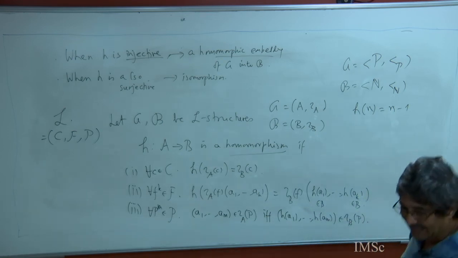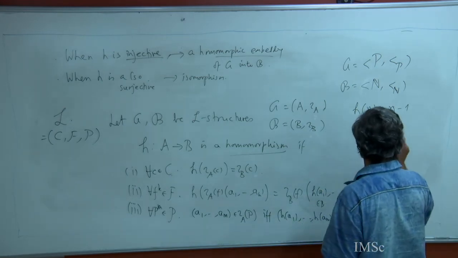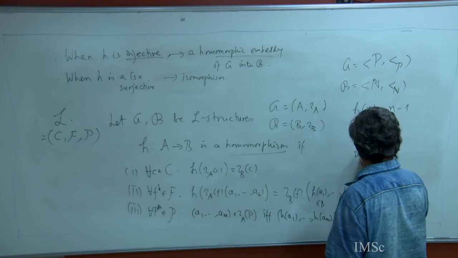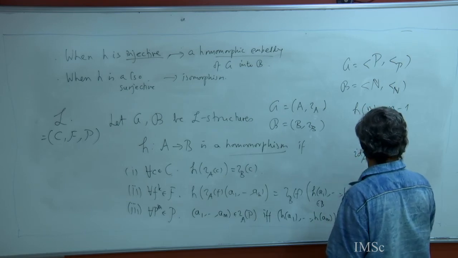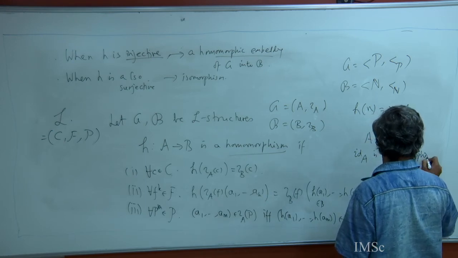In the special case where A happens to be a subset of B, it's easy to see that the identity map id_A is a homomorphism, right?